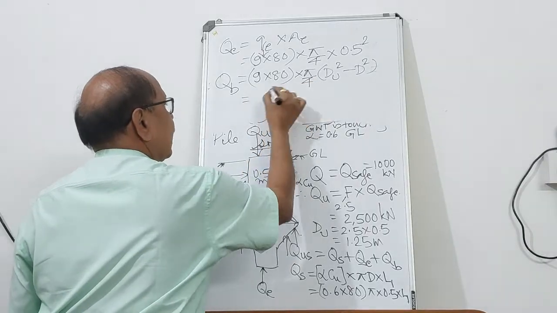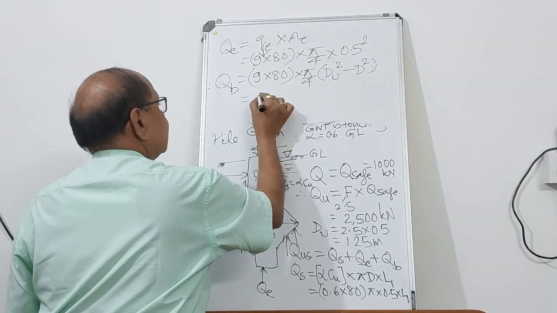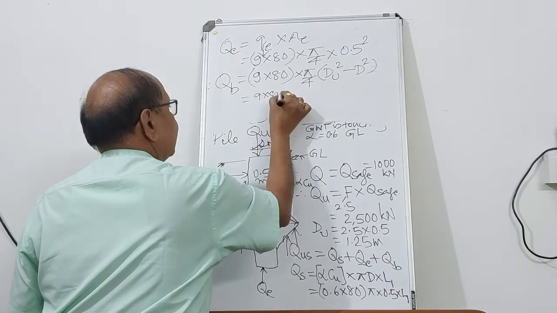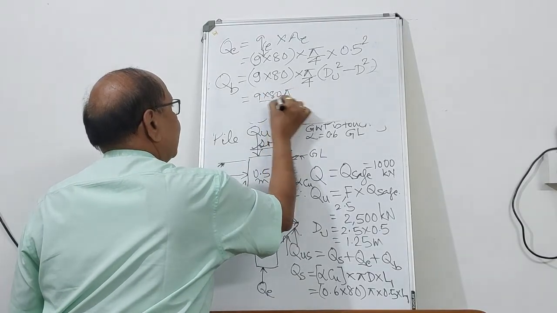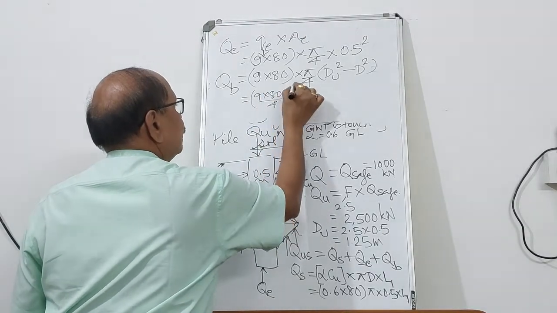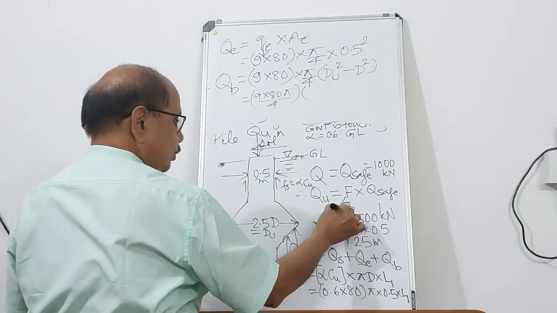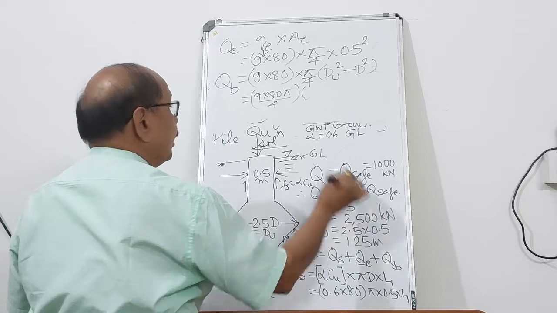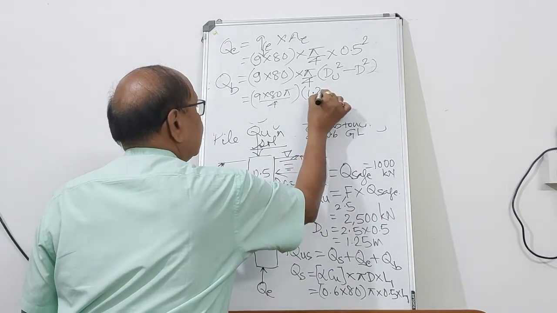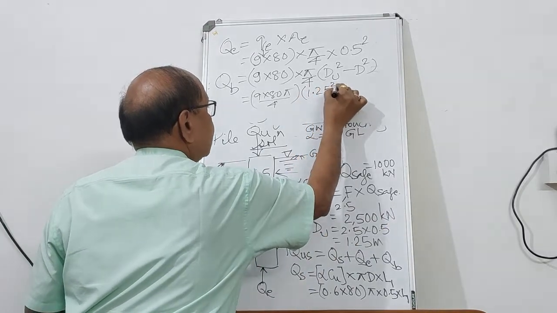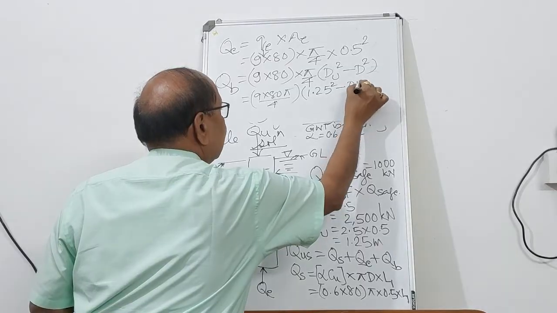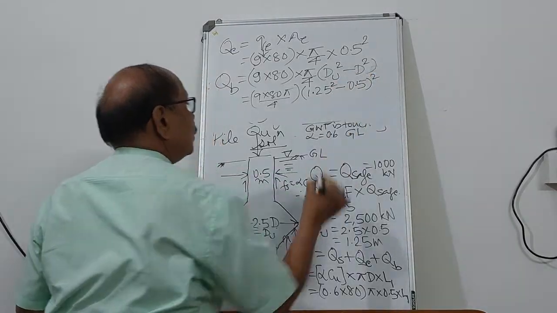So you can calculate this, 9 into 80 pi by 4, du is going to be already 1.25 whole square minus 0.5 whole square.